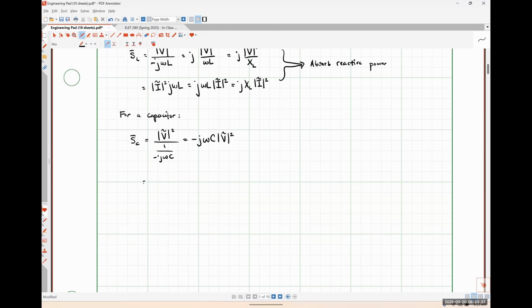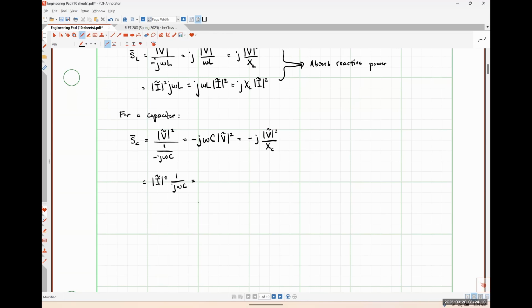Put in terms of current, I'm going to have the magnitude of my current squared times 1 over j omega C. Actually, sorry, let me go back up here really quick. So this is going to look like negative j times the magnitude of my voltage squared over XC in terms of reactance. Coming back down here, sorry for that pickup.